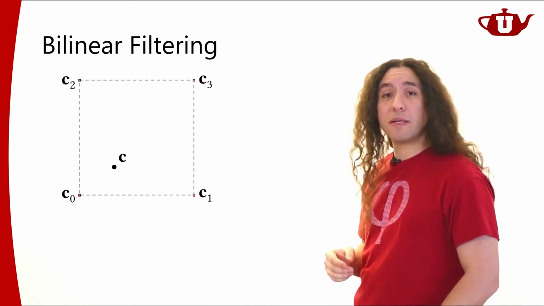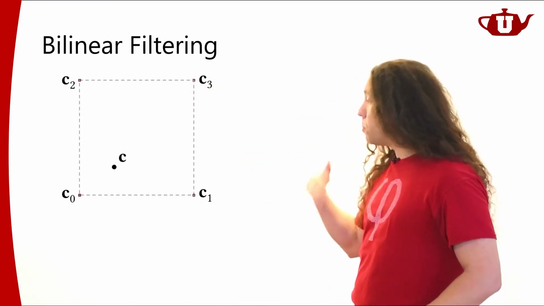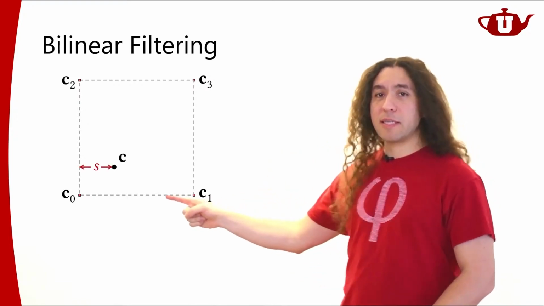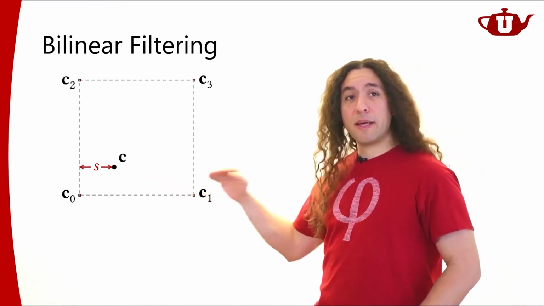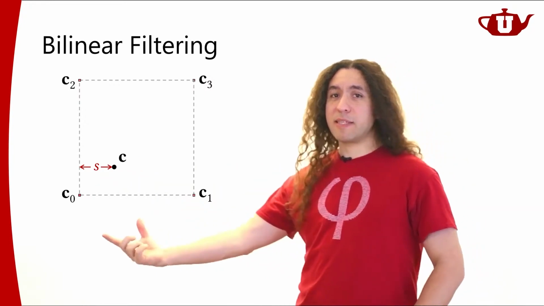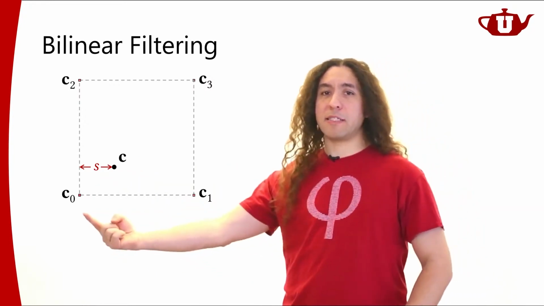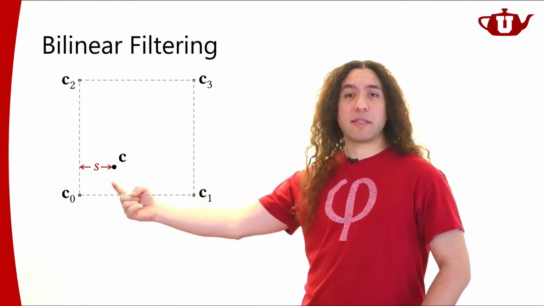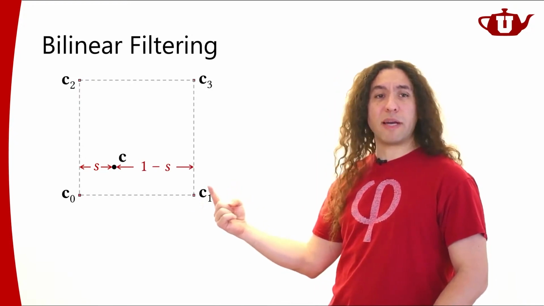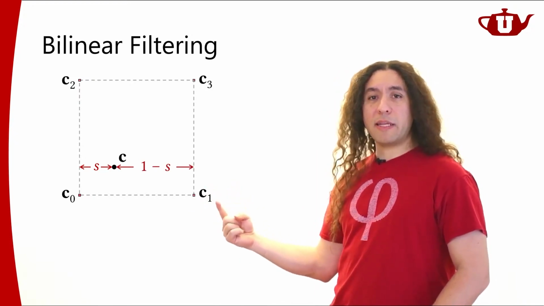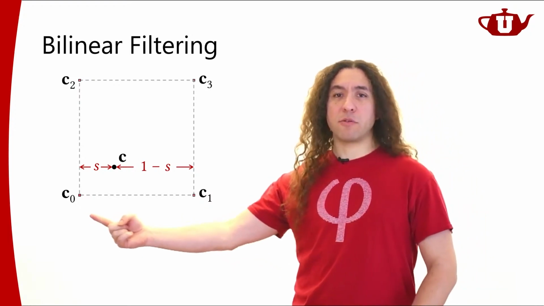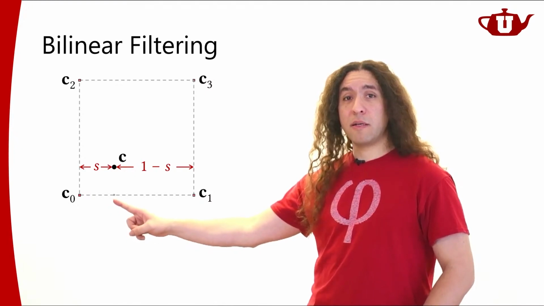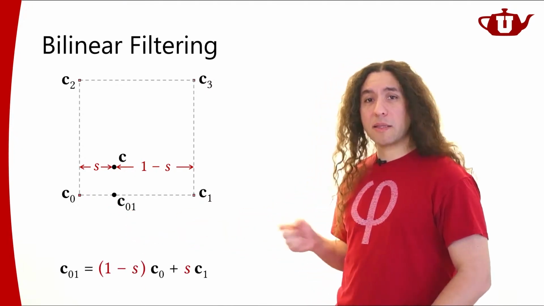So here's how it's defined. Bilinear filtering is going to do multiple linear interpolations. Let's do the first linear interpolation, and it's going to depend on the distance of this point in the horizontal direction. If the size of this edge is just 1 unit, and the horizontal distance is S, this side is going to be 1 minus S. So I can interpolate these two values, C0 and C1, to find the value in the middle over here, using linear interpolation.